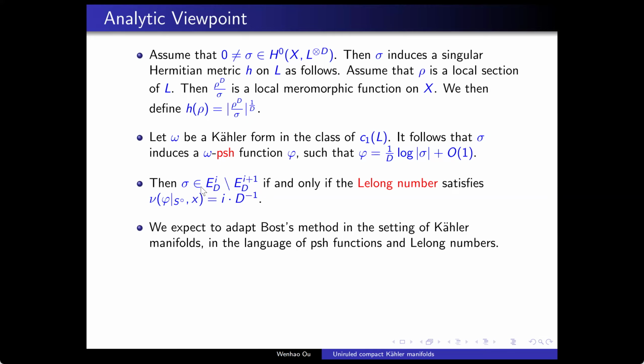Now for the vanishing order. In the Bost criterion, we need to consider vanishing orders. In our new interpretation, the vanishing order of sigma restricted to S_0 at the point x is exactly equal to the Lelong number of this omega-PSH function restricted to S_0 at the point x.